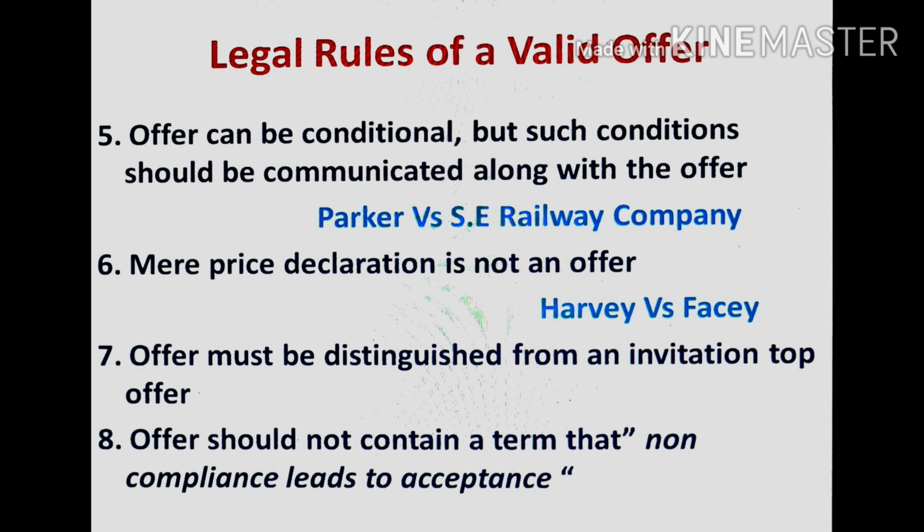Mr. Parker ignored it. There was a condition on the backside that the railway company is responsible only for 10 pounds if the baggage is lost. Unfortunately, the baggage was lost. Parker claimed 50 pounds, but the company paid only 10 pounds.